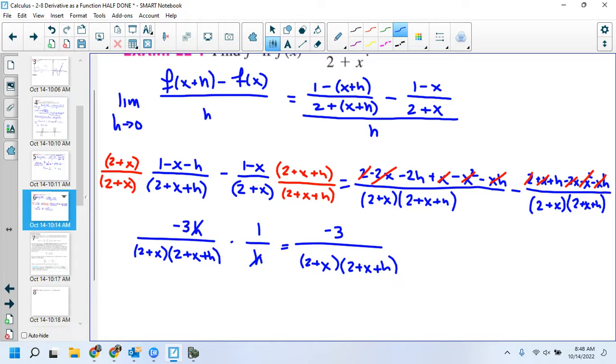Okay, let's find the limit as h goes to 0. Well, the only thing that I need to plug 0 into is right down there at the denominator. So this is going to actually be equivalent to negative 3 over 2 plus x times 2 plus x.